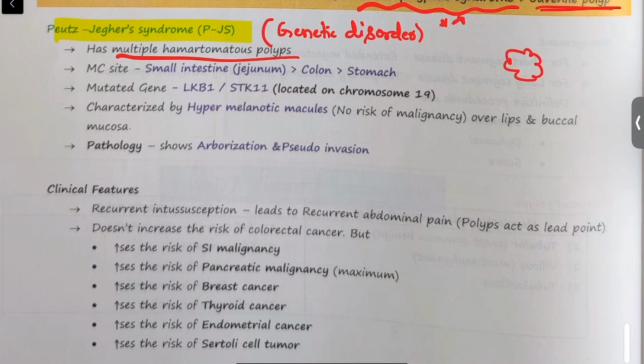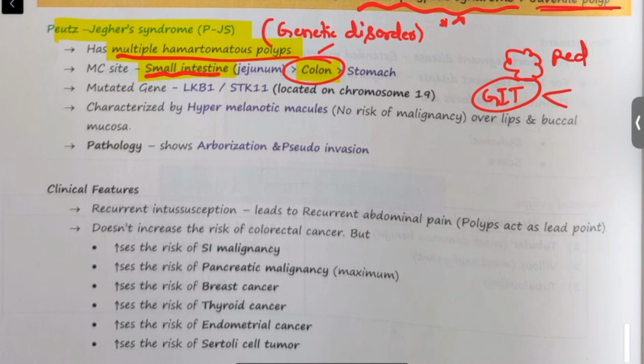Multiple, not one, multiple hamartomatous polyps. This can be present anywhere in the gastrointestinal tract, from esophagus to anal canal, anywhere. Most common site being small intestine, and it can be present in colon also, hence we are discussing it under large intestine. So the most common site is actually small intestine, but we are discussing it under colon.